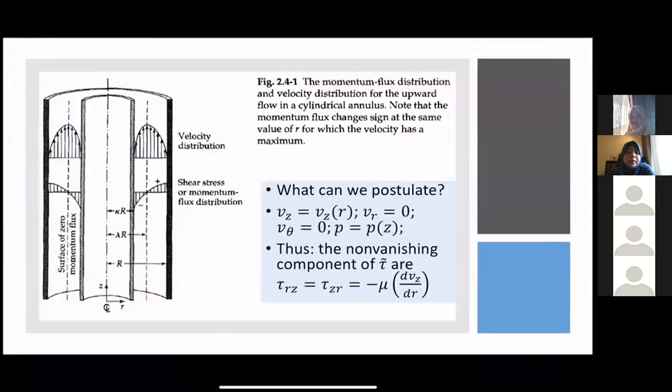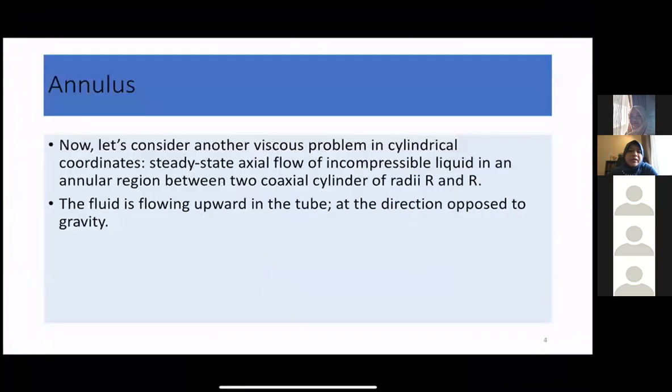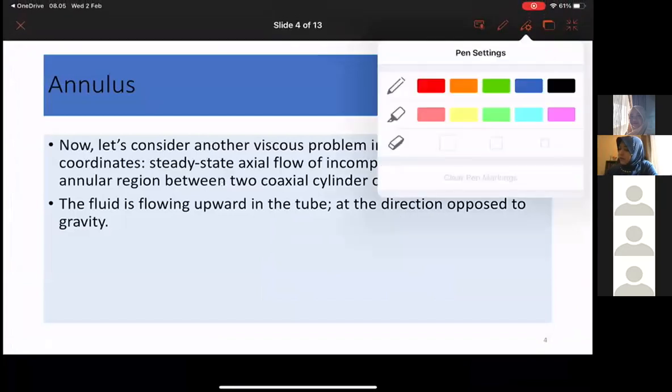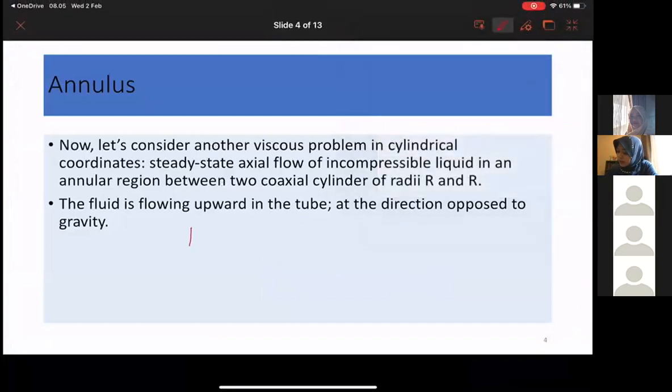Right, so now let's consider another problem about viscous flow. In the previous one we talked about flow in a cylinder, where the fluid goes downwards.